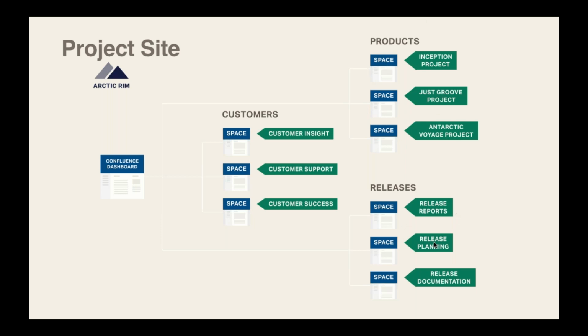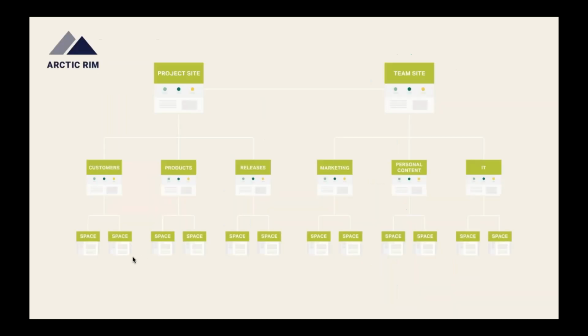Here we have all the spaces pertaining to the releases. And here we have some different spaces that all relate to the customer category. So eventually, this was how their structure would look. So they have their project site, their team site, the categories beneath that, and their spaces.